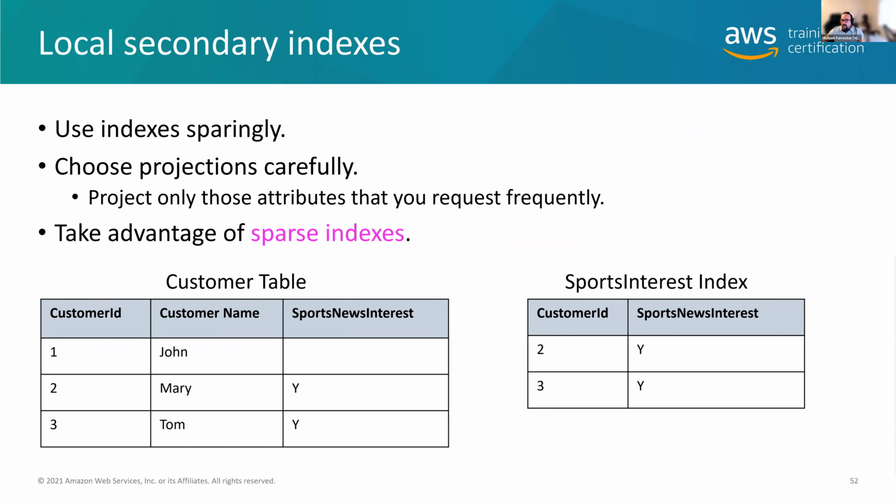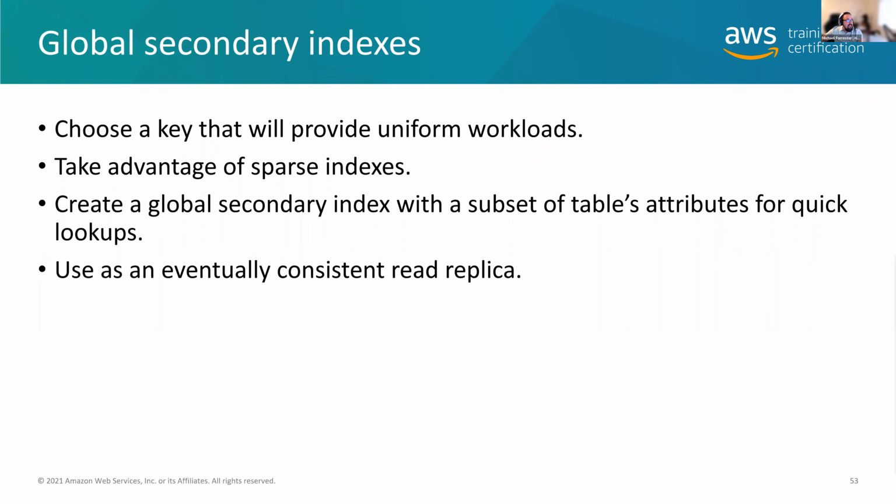Now, with local and secondary indexes, one of the best practices is to use them sparingly and keep the size of the index as small as possible. Create local secondary indexes only on attributes that you are actually going to query. For GSIs, make sure you choose a key that's going to represent a uniform workload. Obviously, same thing: make sure you're sparse with your index.